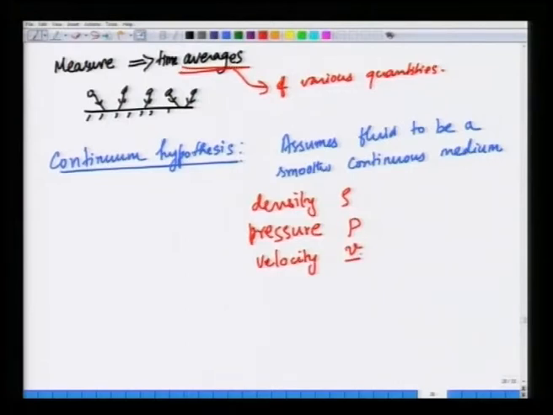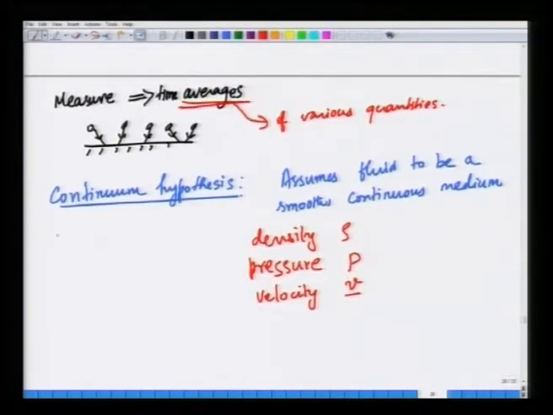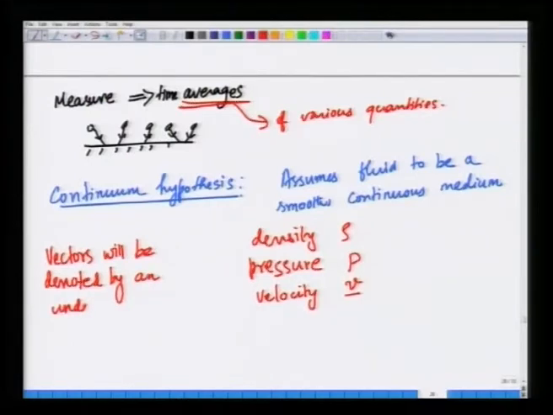It is a vectorial quantity, with both magnitude and direction. In this course, the notation for vectors will be an underscore. So, v underscore means it is a vector.